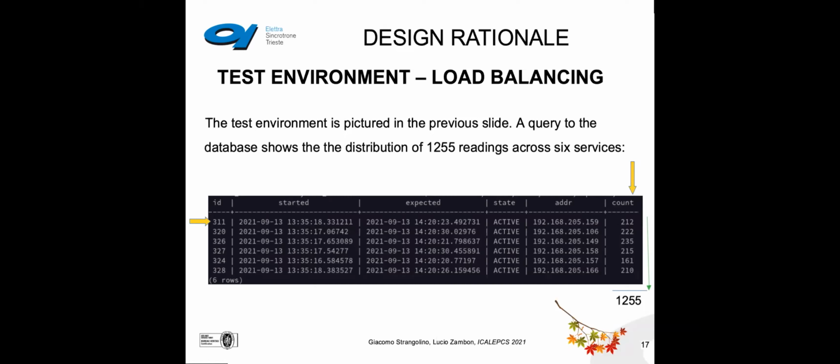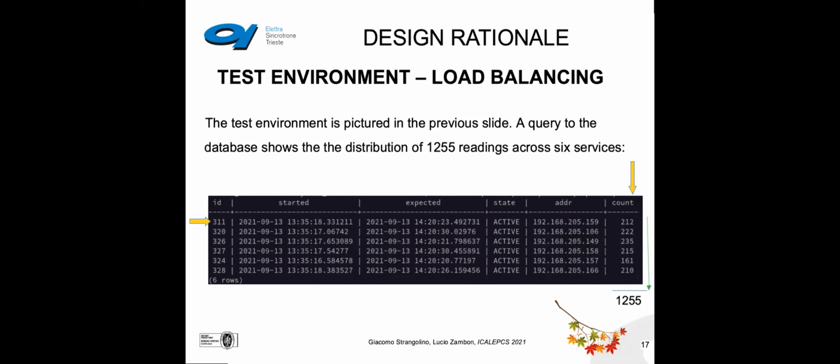In this slide, you can see a snippet of the Nginx configuration, and here you can see what happens in case of service vanishing. The supervisor detects the condition within seconds and distributes the orphan readings among the active services.